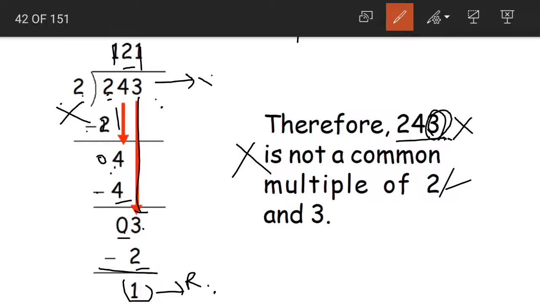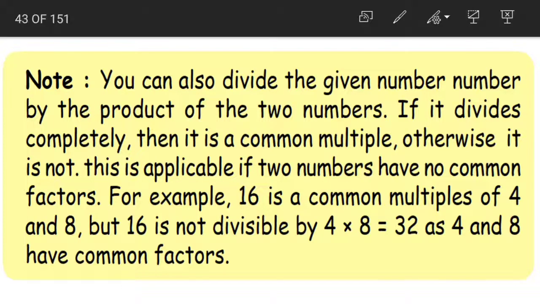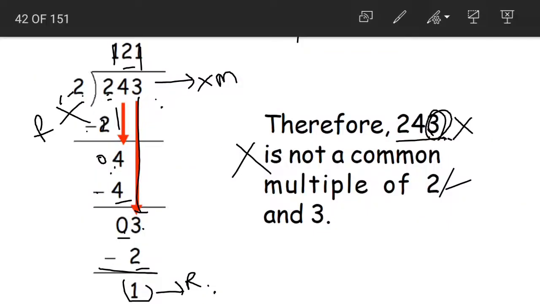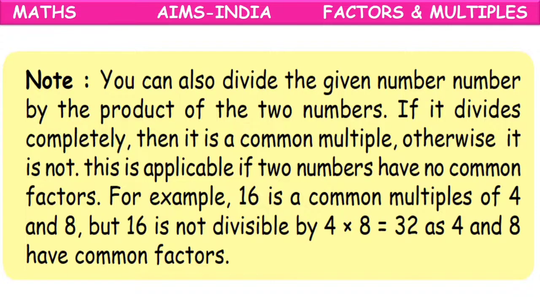So 243 is not the multiple and 2 is not our factor. Okay, so as it is not divisible by 2, it is not a common multiple of both 2 and 3. Clear? So even if it is not divisible by one of the numbers, we can directly say that it is not a common multiple for both the given numbers.